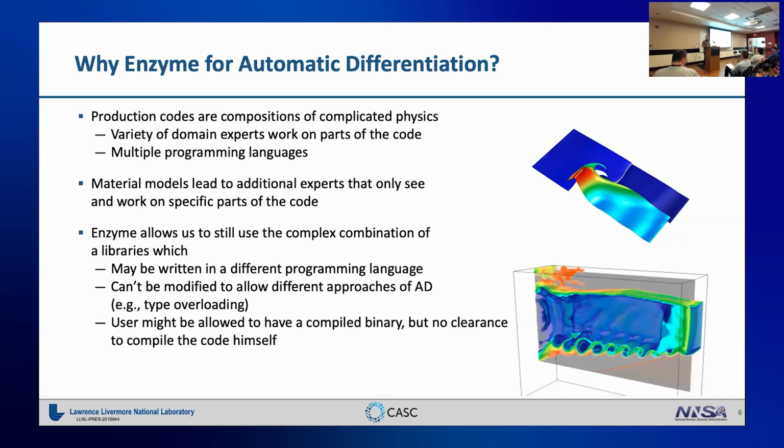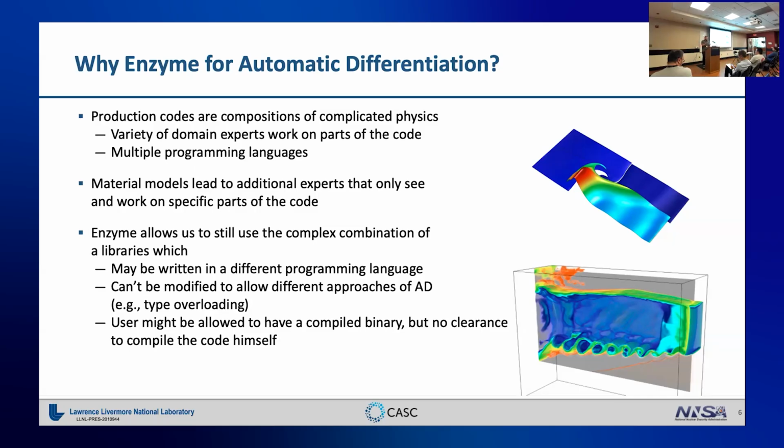So material models lead to additional experts that only see and work on those specific parts of the code. So you can really isolate the parts that are relevant for the physics and decouple them into their specific domain, due to the finite element operator decomposition.